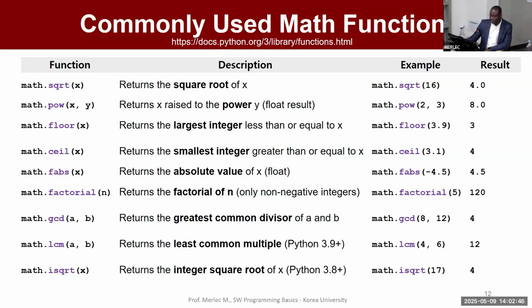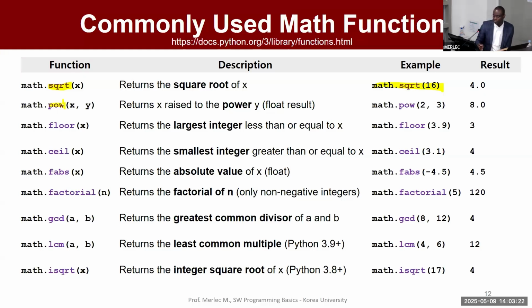So here's the list of commonly used math functions, such as sqrt, which returns the square root of x. On the right side, you have the syntax of using the math related functions and the expected result from the given input parameter.